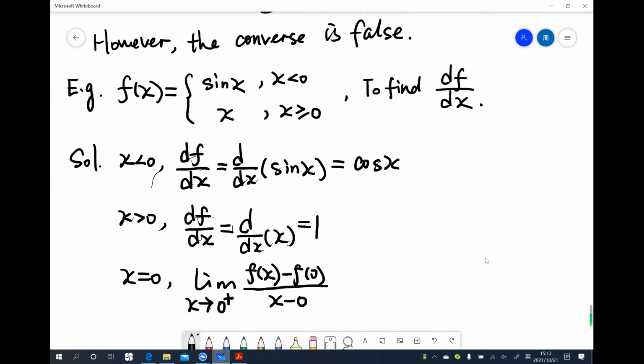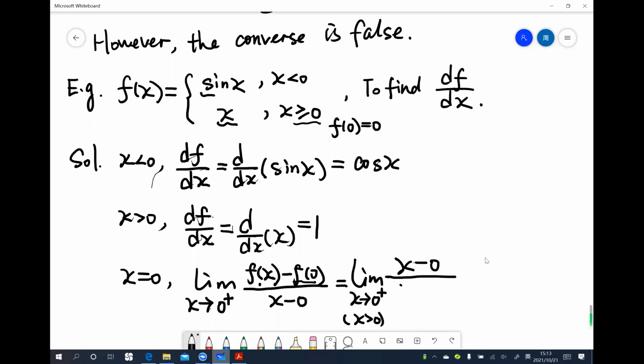As x approaches 0 from the right, x is larger than 0, so f(x) equals x. And f(0) equals 0, right? So that is x minus 0 by x minus 0, which equals 1, right?